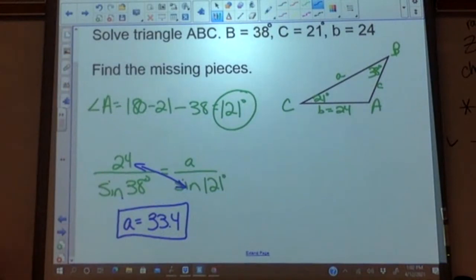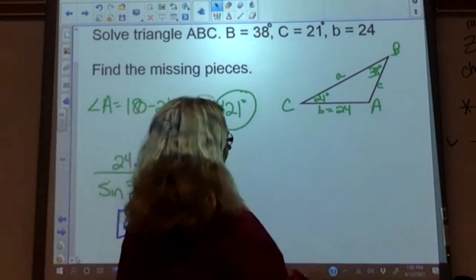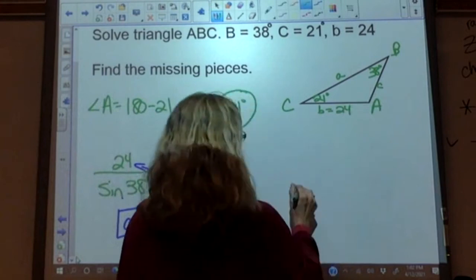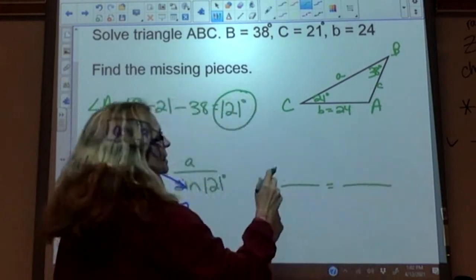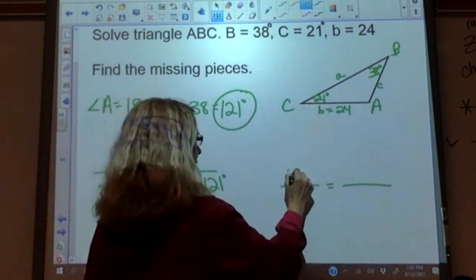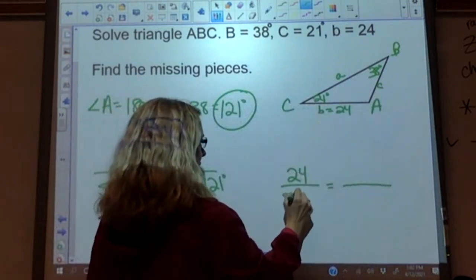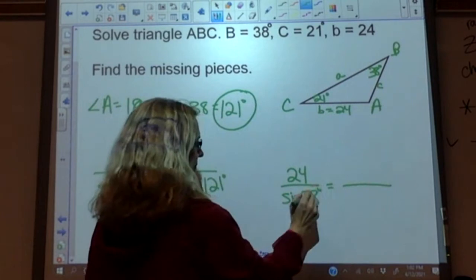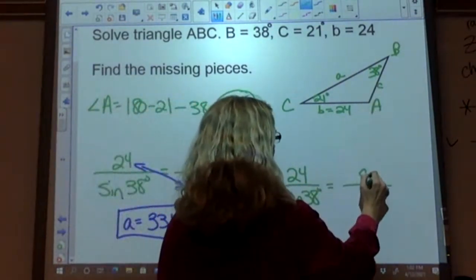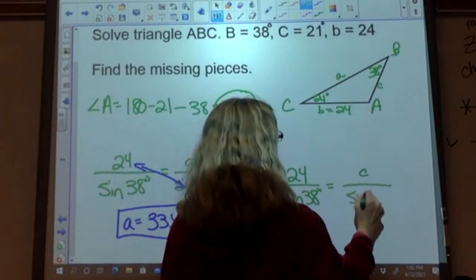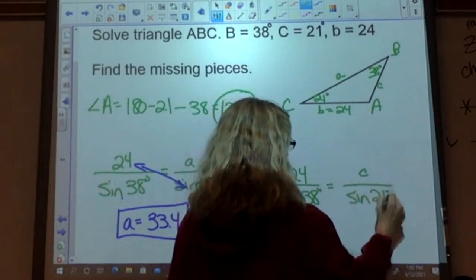All right, and now I need to find side C. So I come over here and set up another proportion for law of sines, using what they gave me. So 24 over sine of 38 equals, and I'm looking for C, so this would be little c over sine of 21 degrees.